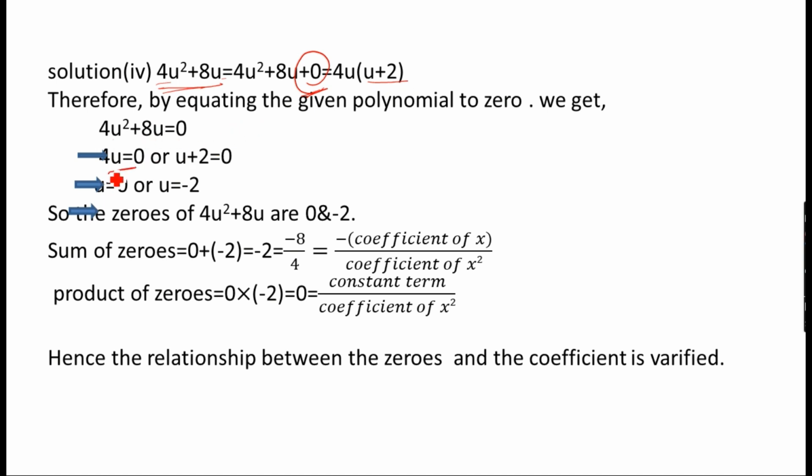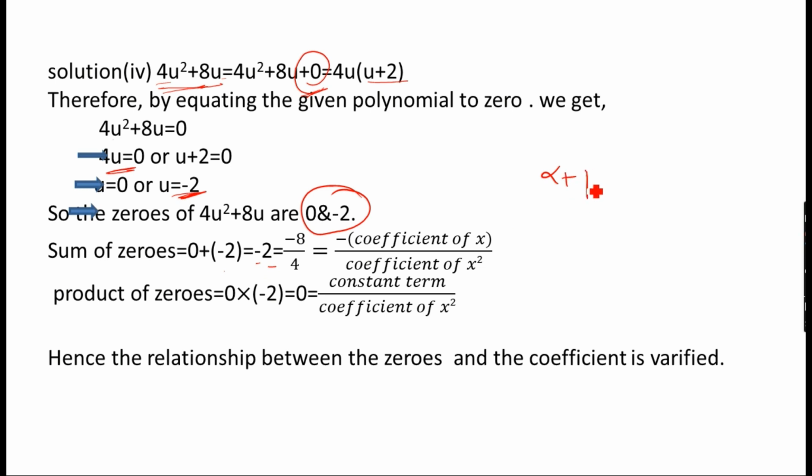One value of u is 0 and another one is minus 2. Therefore, the two roots of the equation are 0 and minus 2. And we know that the sum of the zeros, 0 plus minus 2, is equal to minus 2, and the coefficient of x is 8.